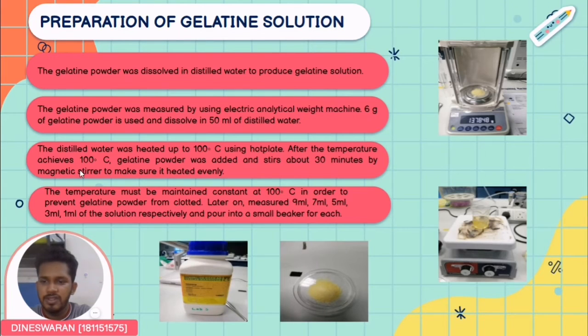After the temperature achieved 100 degrees Celsius, the gelatin powder was added and stirred for about 30 minutes by magnetic stirrer to make sure it heats evenly. The temperature must be maintained constant at 100 degrees Celsius in order to prevent the gelatin powder from coating. Later on, 9 ml, 7 ml, 5 ml, 3 ml, and 1 ml of the solution were measured respectively and poured into a small beaker for each.